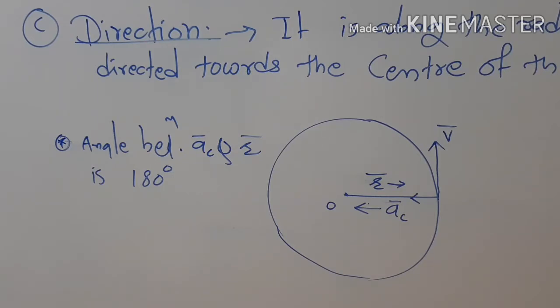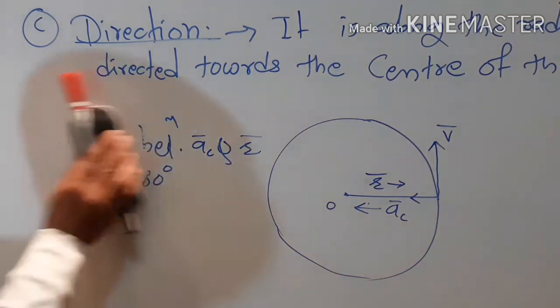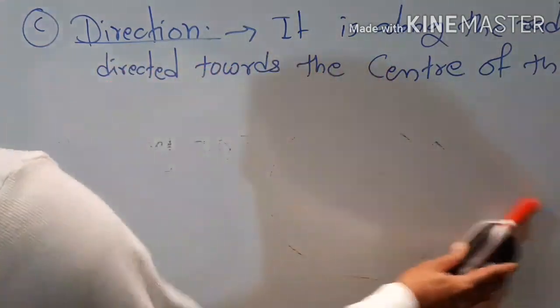A is its definition, B is formula, C is its direction. Up to this point, we complete the answer of uniform circular motion.